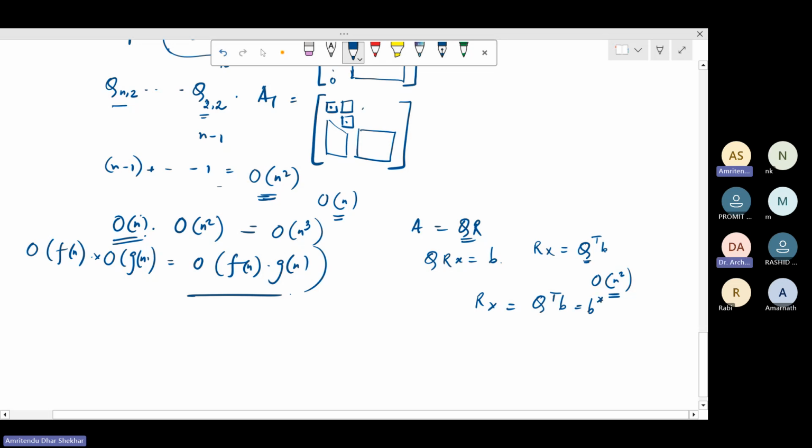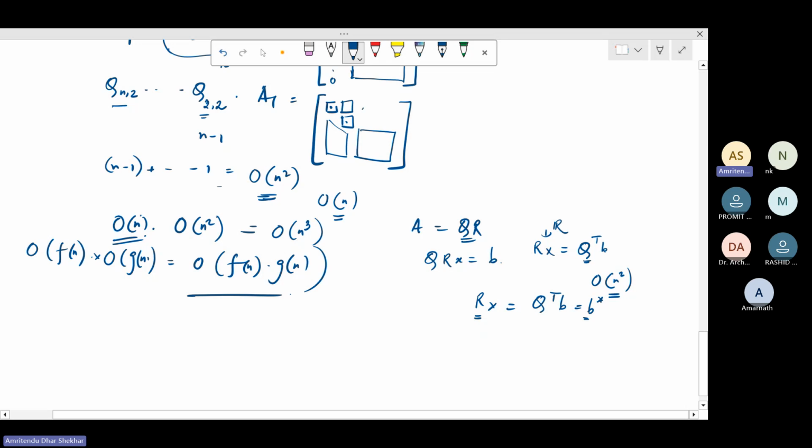X is a vector in R^n. Yes, you have to solve for this. So now you are applying back substitution on Rx equals B star.